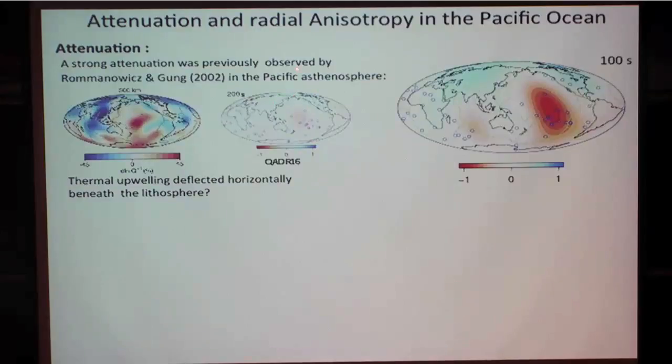So it could be that there is thermal upwelling that is deflected and that produces the long wavelength component of the maps that we observe at 100 kilometers depth.